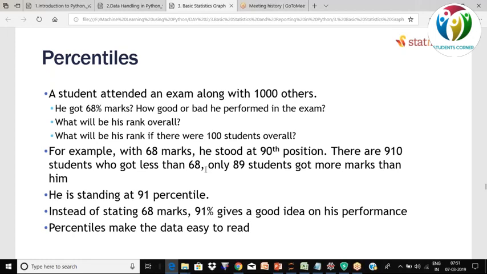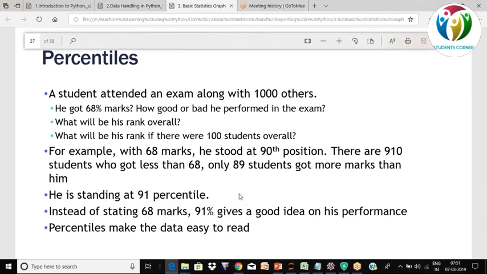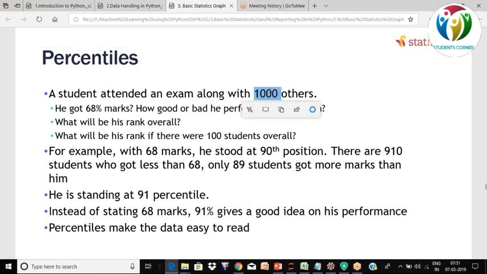So what I would say now is, instead of saying 68 percentage, I would say he's standing at 91 percentile. So what does that mean? 90 students have scored more than him. Can we say that? So this gives a clear picture, right? Where is he standing out of those 1,000?